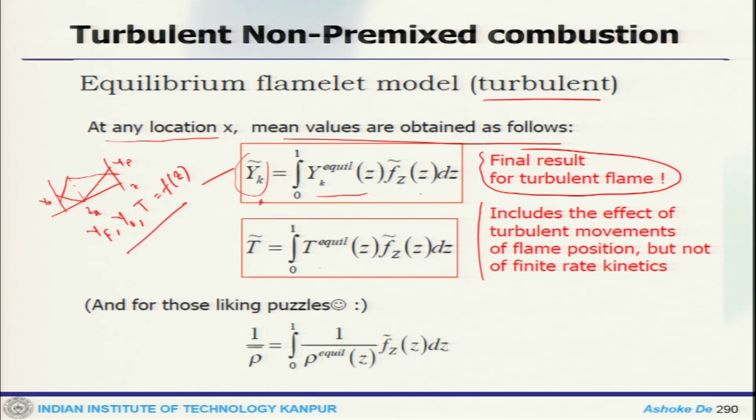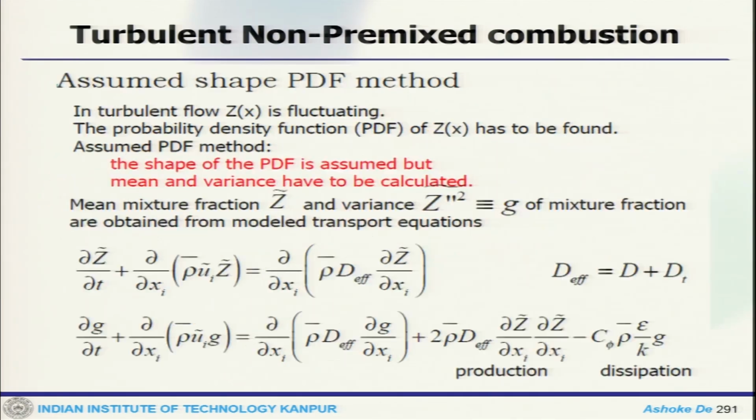When Z is solved using that and the probability density function, we get this, and rho 1 by rho bar can be equated as 0 to 1 by, which is also a function of this, which will be the connection between.